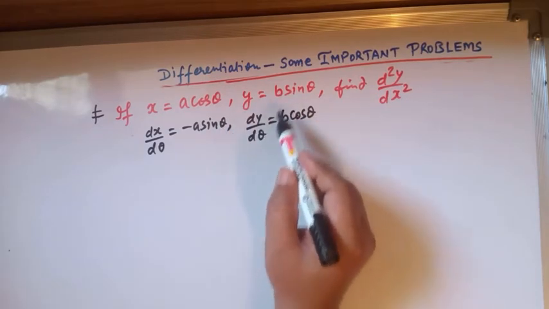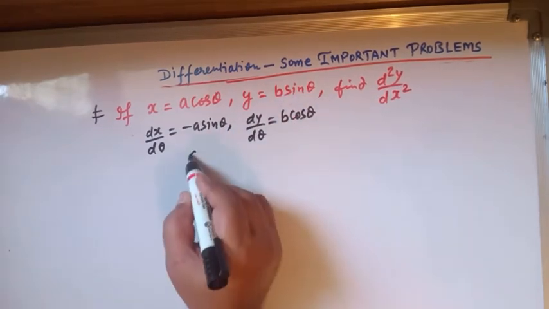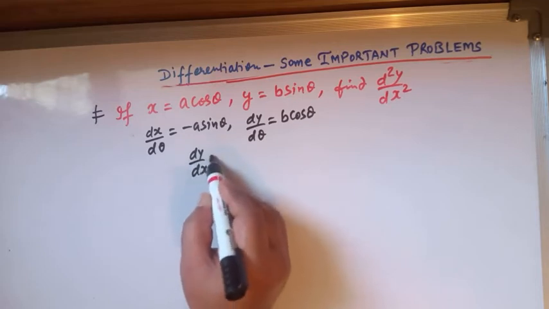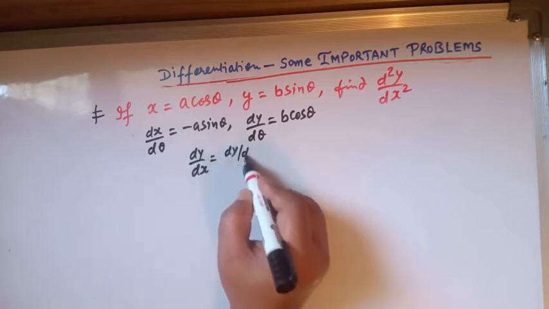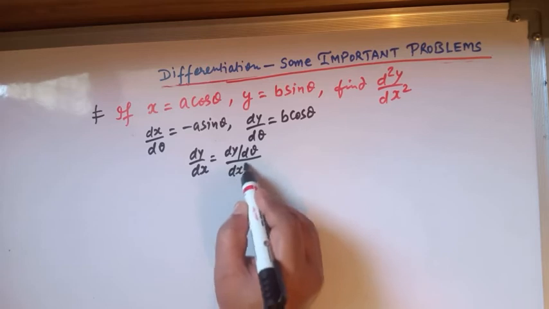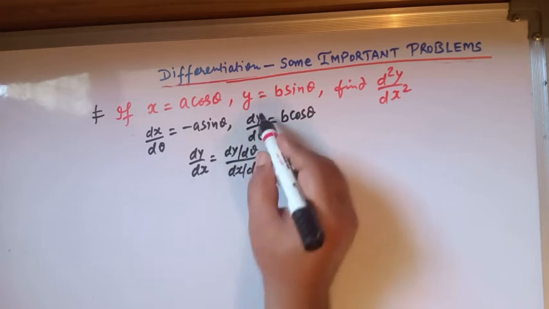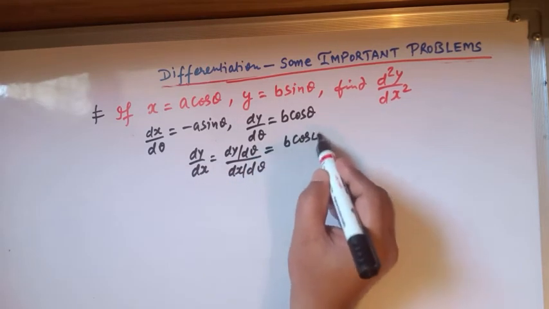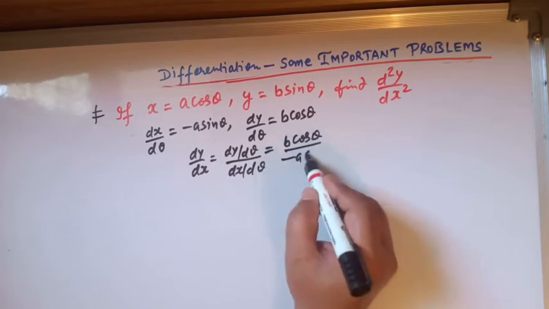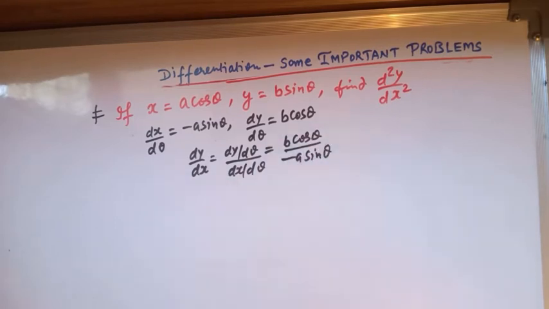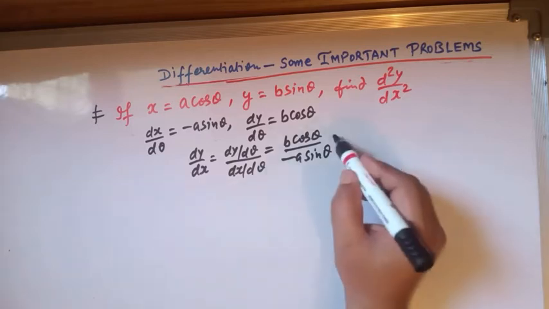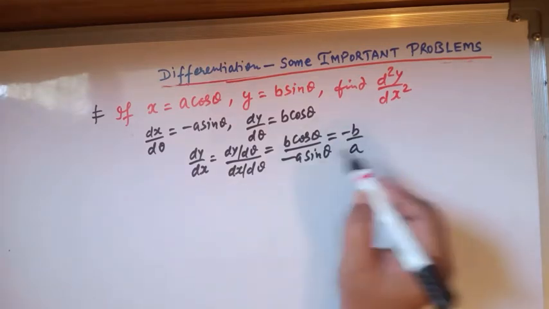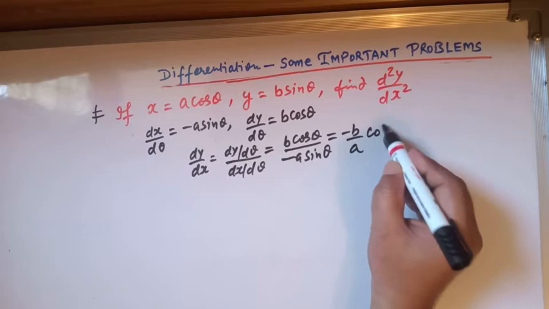Similarly, dy by d theta is b cos theta. Now dy by dx can be given by dy by d theta over dx by d theta. Now dy by d theta is b cos theta over minus a sin theta. Okay, so this is minus b over a, cos theta over sin theta is cot theta.